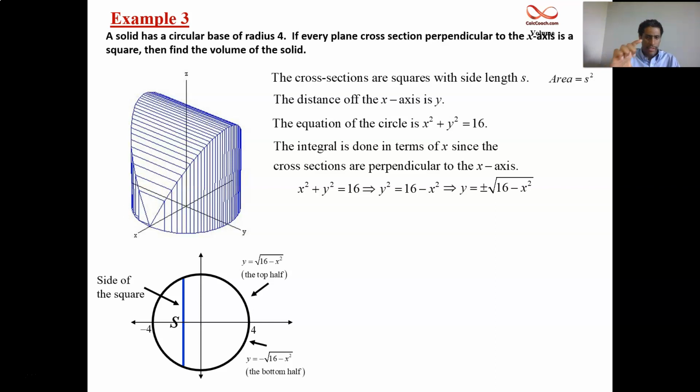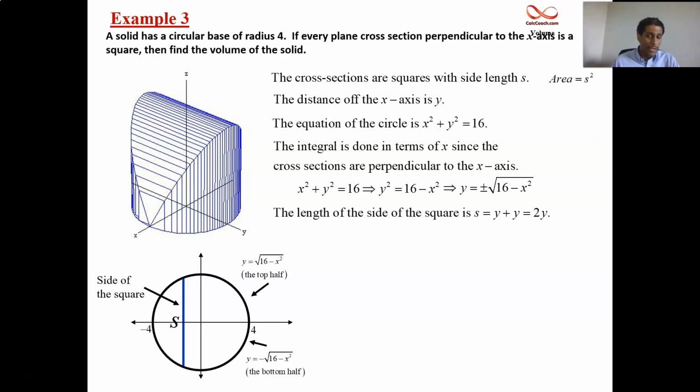Now, that little slice there is up to y, the root of 16 minus x squared. You go up y, but you also go down y. Because of the symmetry, whatever you're going up is the same as what you're going down, so we have y and y. That slice length will always be double y, 2 times y.